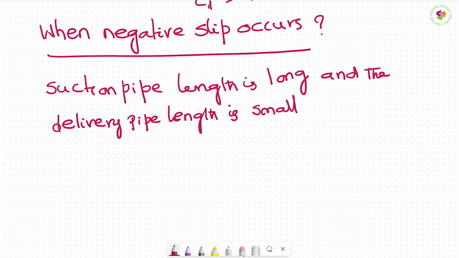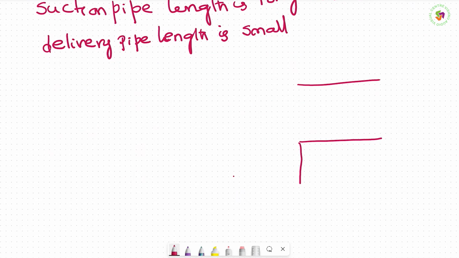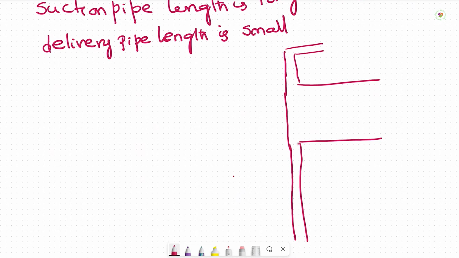Suppose this is the cylinder, and the suction pipe is like this, whereas the delivery pipe is like this. This length is very high compared to this length.